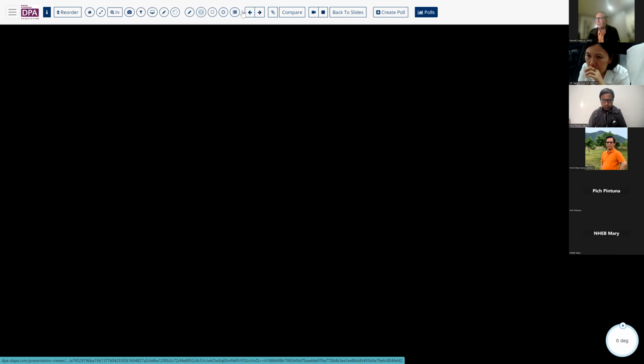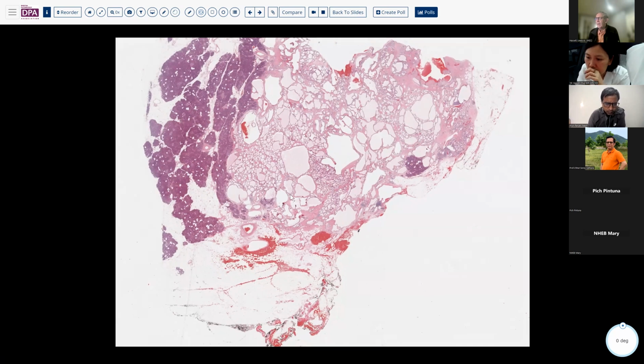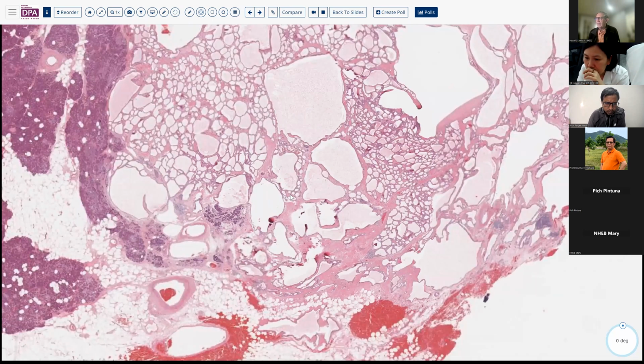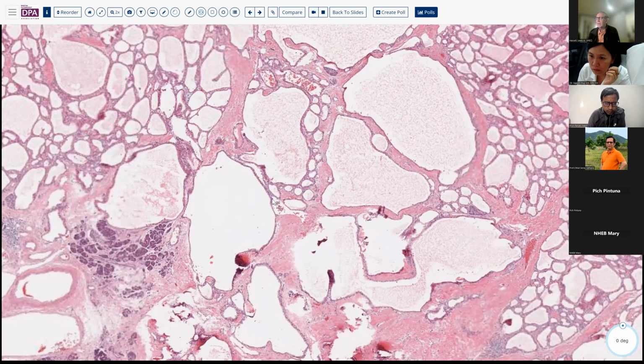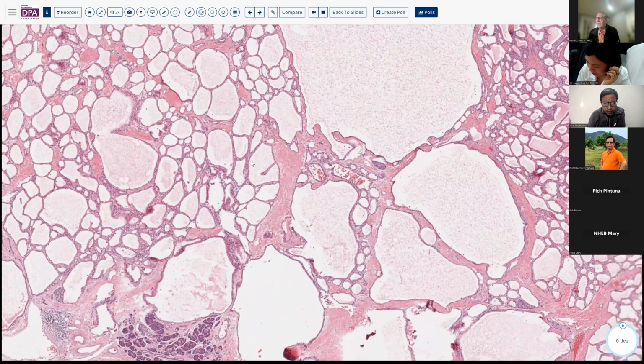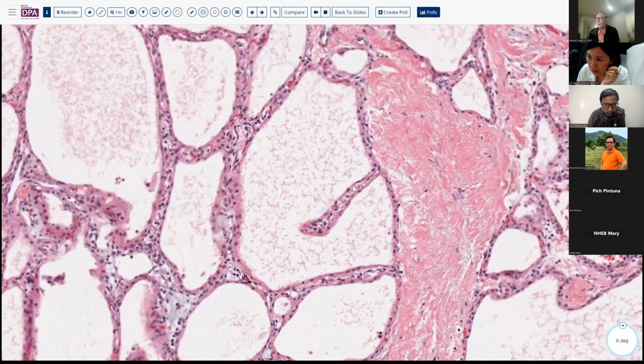So I did manage to find a couple of examples of this. Here's one that's sort of a mixture of macrocystic and microcystic lesions. You can see here a nice sharp border. As you might imagine, the epithelium that lines these cystic spaces is kind of what we would expect for a serous tumor.